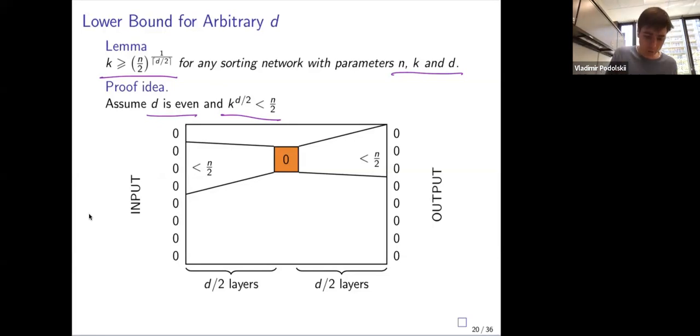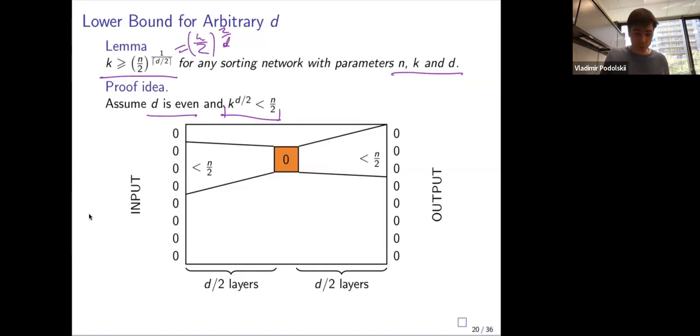Then I can just remove the rounding up operation, and it's just n over 2 over d. By contradiction, I assume that k to the d over 2 is less than n over 2. That's what I need.